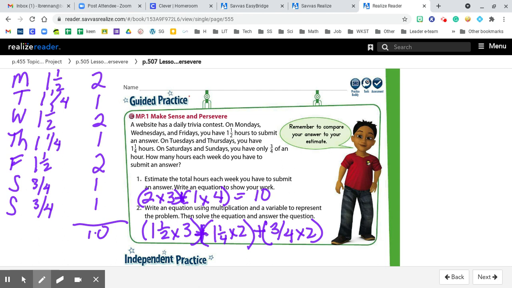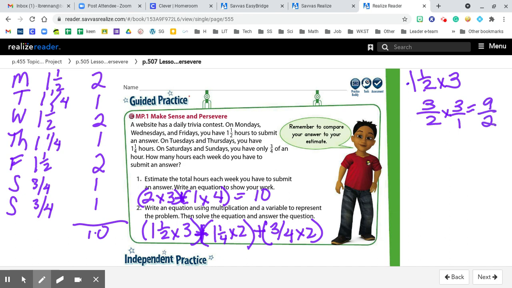So let's start. 1.5 times 3. Remember, 1.5: I take my denominator 2, multiply it by my whole number 1, 2 times 1 is 2, plus 1 is 3. So I have 3 halves. 1.5 can be written as 3 halves.